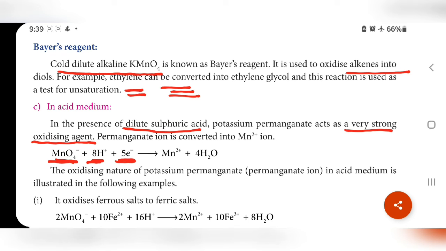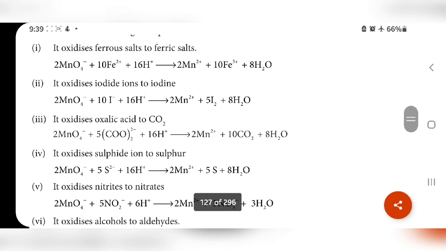Here it acts as a strong oxidizing agent, so it gains 5 electrons and is converted into Mn2 plus. The oxidizing nature of potassium permanganate in acidic medium is illustrated with the following examples. So many examples are given here.